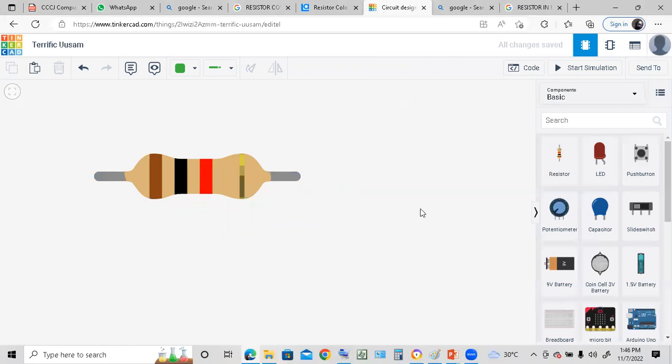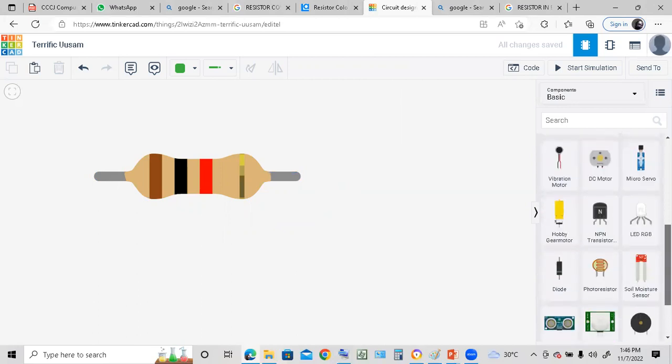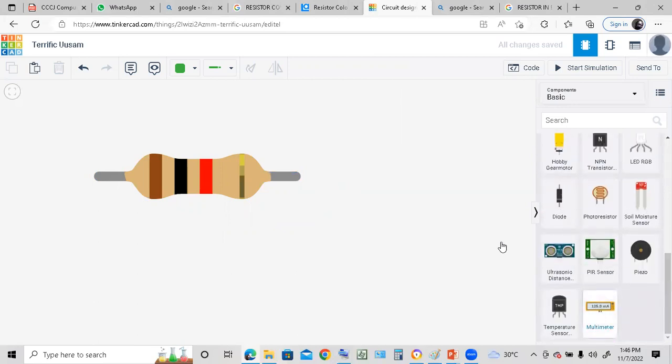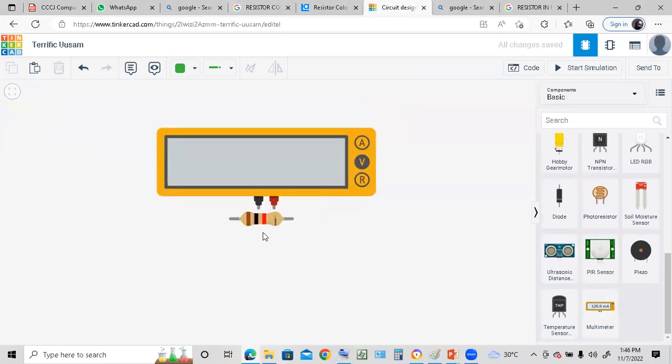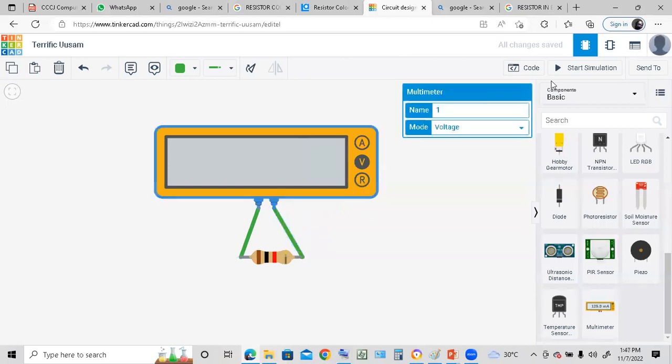All right, so if I get a tester and put it on the resistor, I'll get 1,000. So I'm going to get a tester and put it on it, and I'm supposed to get 1,000. There it is, 1,000, or 1 kilo, because it came in 1,000.